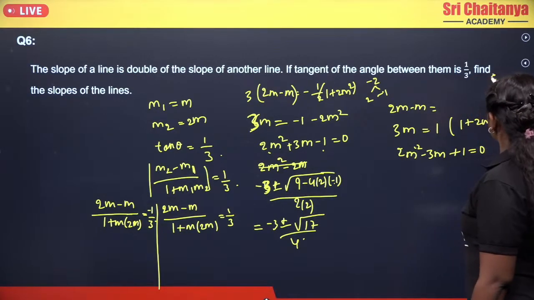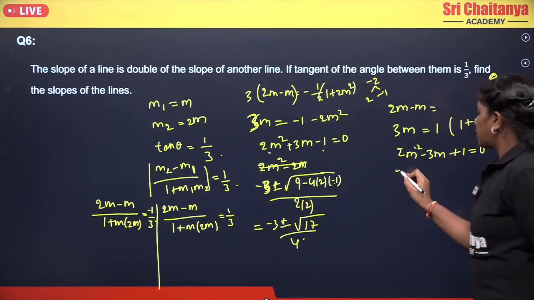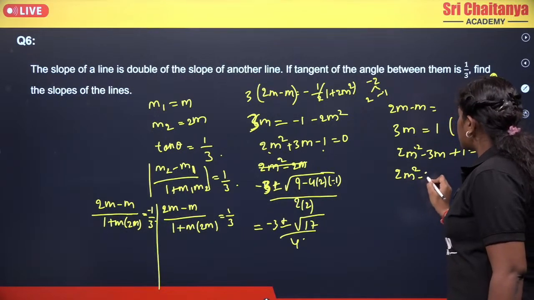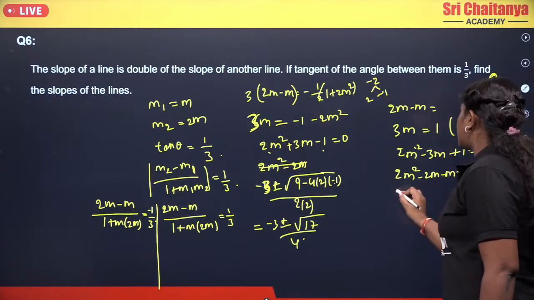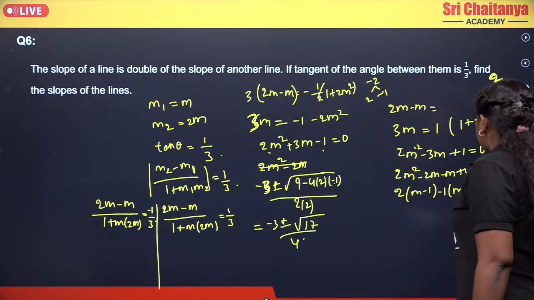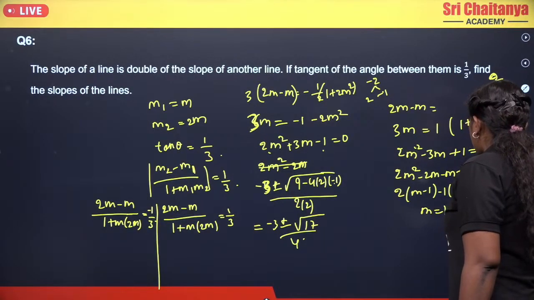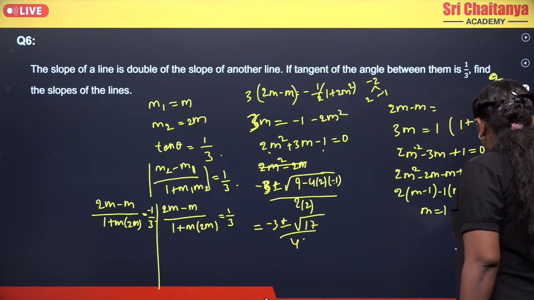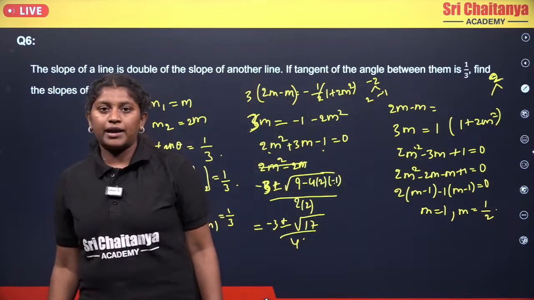You will have plus 2 and you need minus 3, so you can take 2m square minus 2m minus m plus 1 equals 0. Taking 2m common, that becomes (m minus 1) and (2m minus 1) equals 0. So m equals 1 and m equals 1/2. These are the possible values of our m.